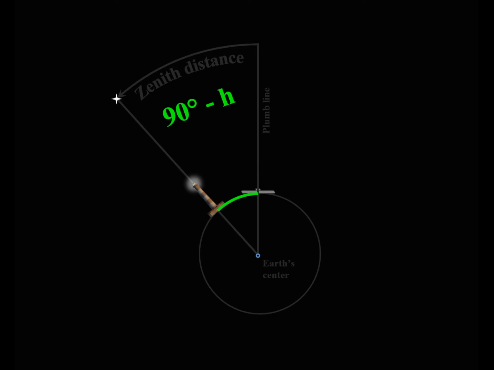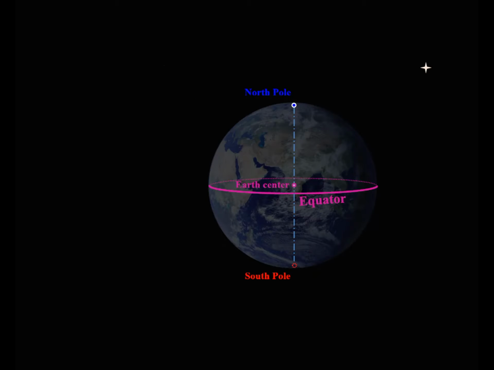Celestial coordinates are similar to geographic coordinates. An analog of geographical latitude is the declination of a celestial body. To understand this, it is enough to project a star onto the surface of the Earth. Let's connect the star to the center of the Earth using a line.